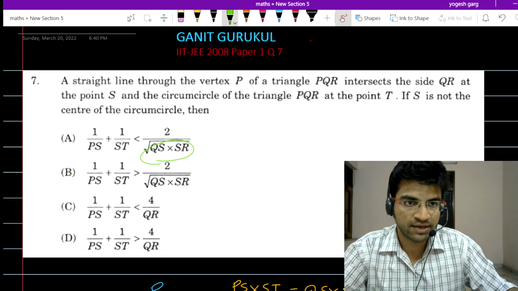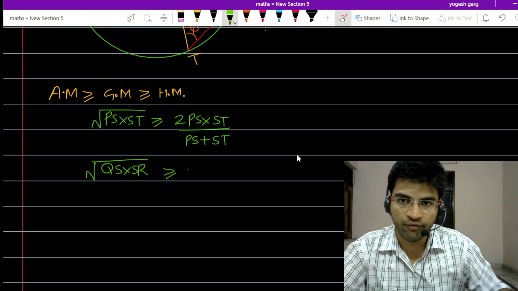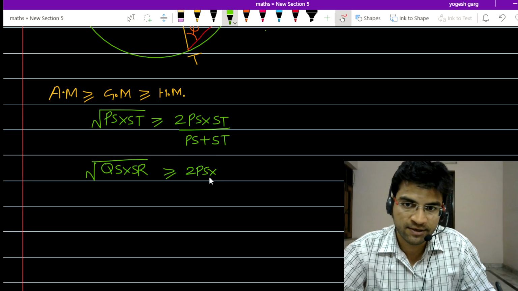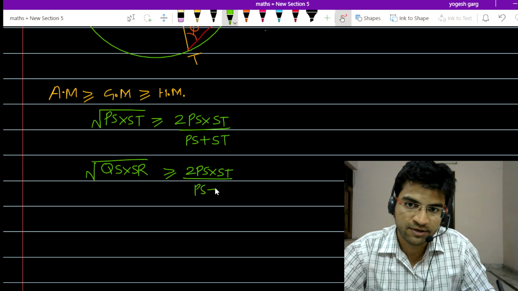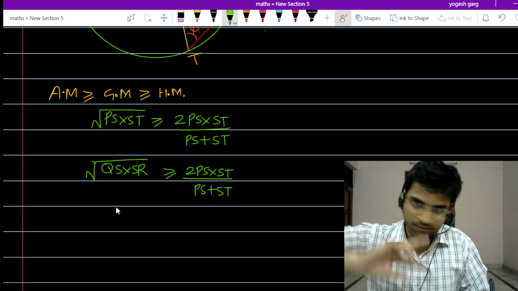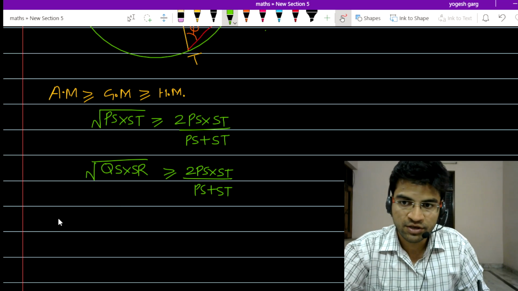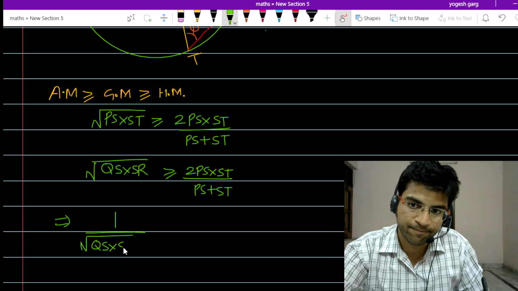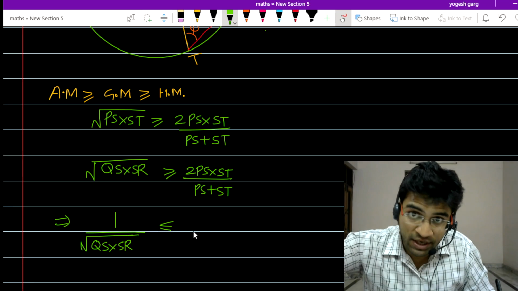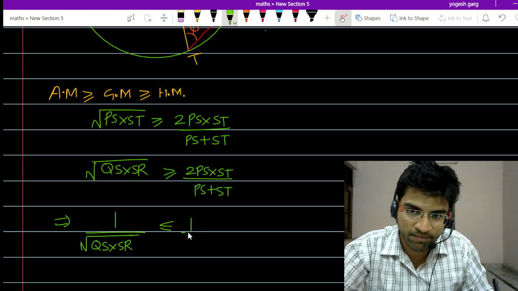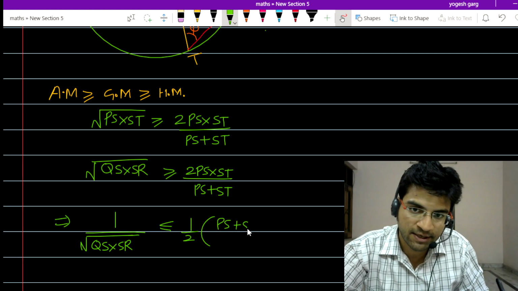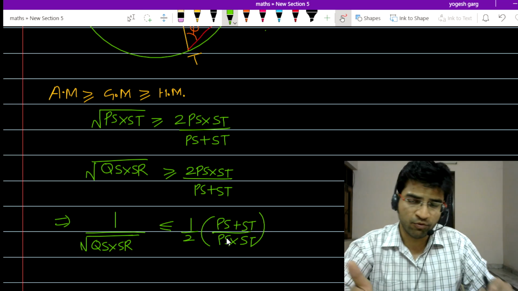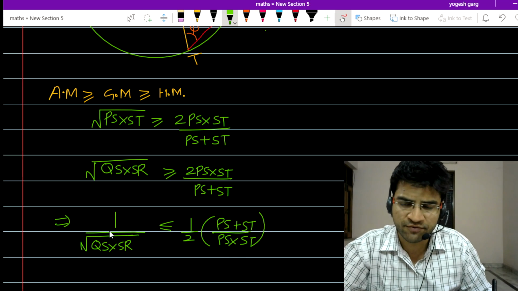Do the reciprocal of the whole expression. When you do the reciprocal, the sign will reverse itself, so it will be 1 by root of QS into SR, which is less than or equal to 1 by 2 into PS plus ST upon PS into ST. I hope you can move forward from here, and this 2 can be shifted to the left hand side.